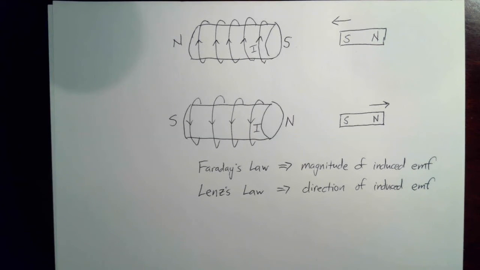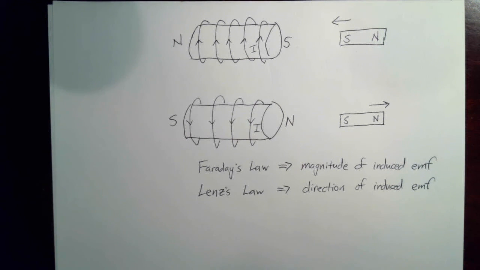A common follow-up question is, why does nature do this? That's equivalent to asking, why is there a negative sign in Faraday's law? Why isn't it a positive sign? I don't have a short answer to that. But one way to think about it is that nature will act to oppose any changes. In that sense, it's very much like inertia.